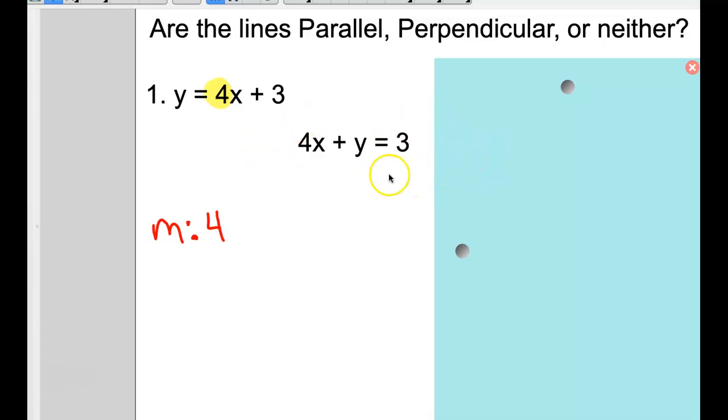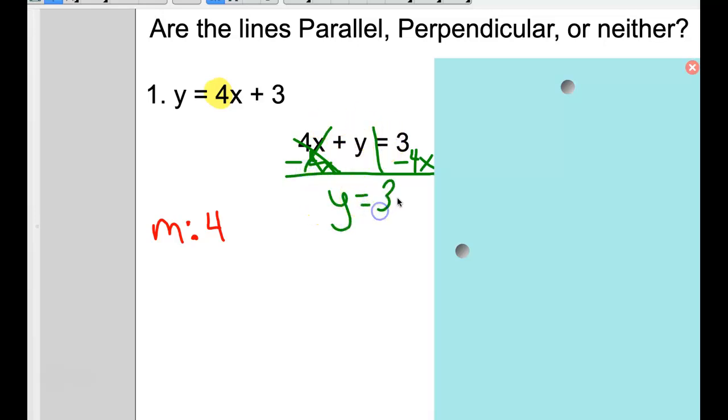Right now, I don't know what the slope of this line is because it's in standard form. So because we don't like standard form equations, we always take this equation and get the y alone to turn it into slope-intercept form. So we always get rid of the x. If I take away that 4x from both sides, so I minus my 4x here and I minus my 4x on the other side, on my left-hand side I'd have my y.